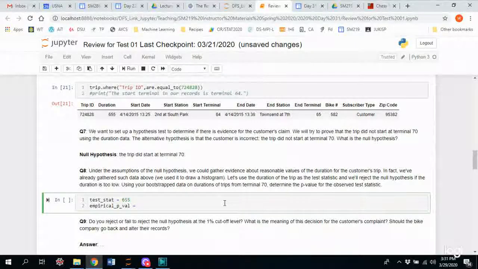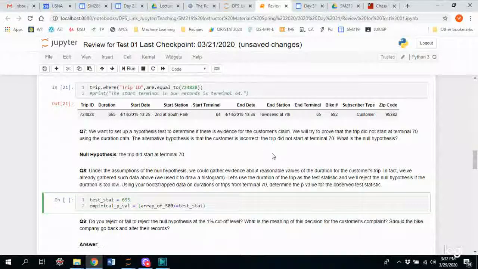So let's try to figure out by looking at the array of 500 how many of those are less than or equal to the test statistic, 655.